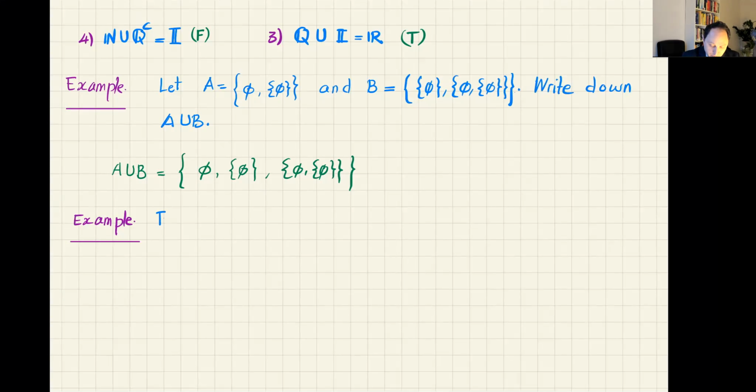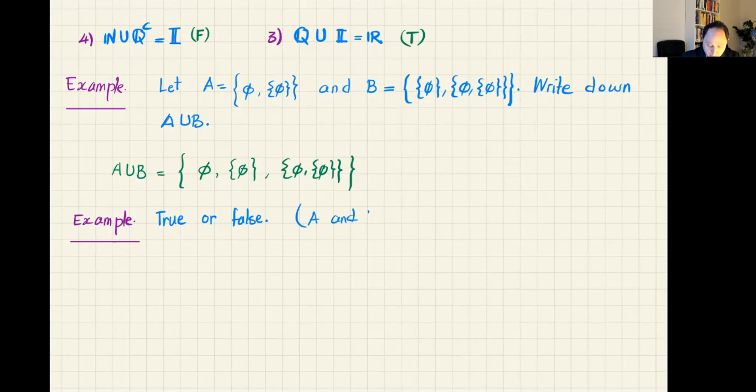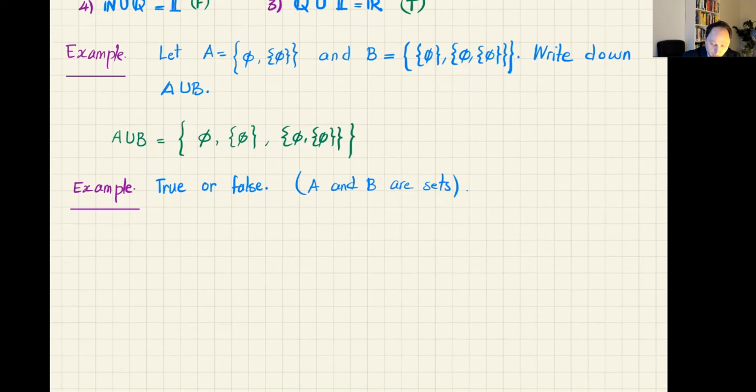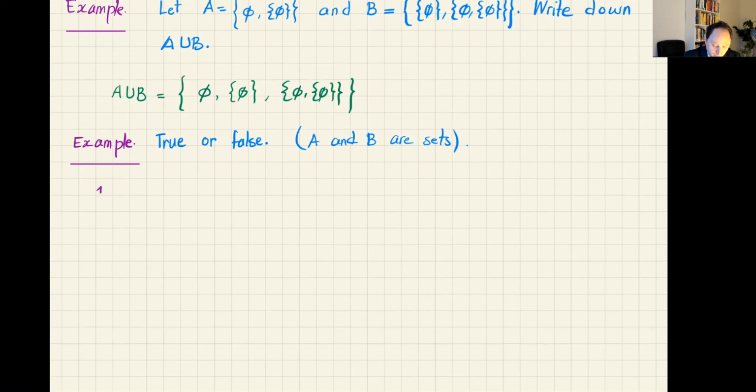True or false? A and B are sets. Let me write them quickly. If I have X in A union B, does this imply that X belongs to A or X belongs to B? If I go to number 2, you can check if this is true or false yourself.